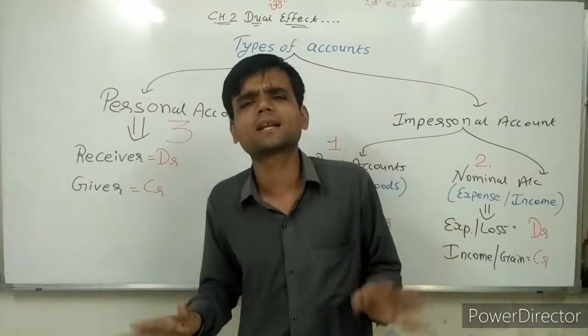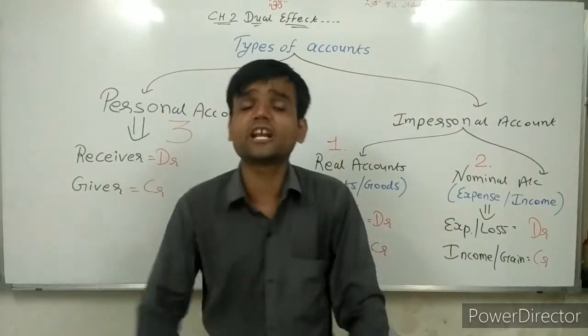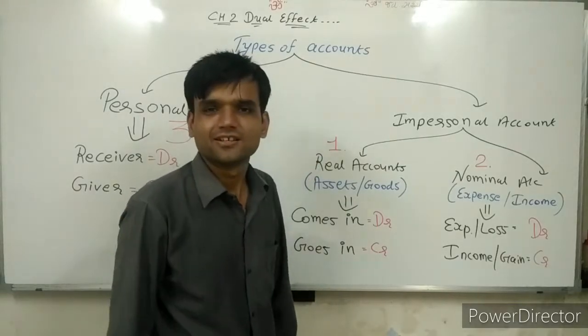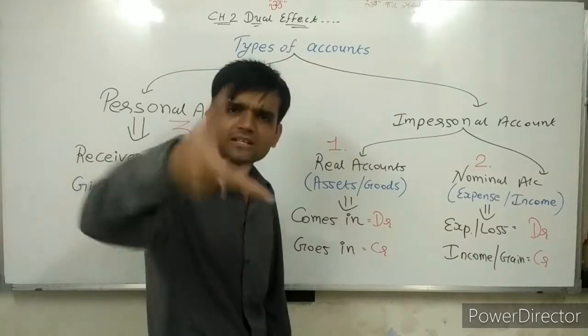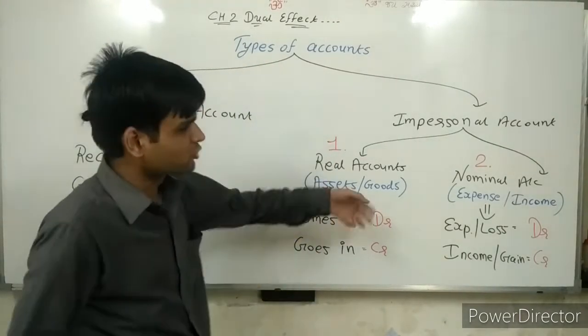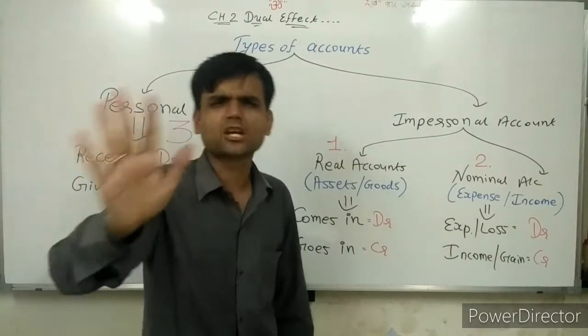Two possibilities are there. So comes in, debited, goes out, credited. Apply this rule first only. If debit and credit are done in the first real account only, then never check nominal account.